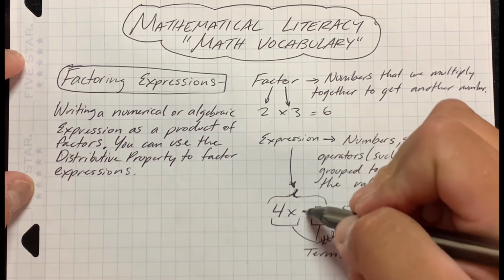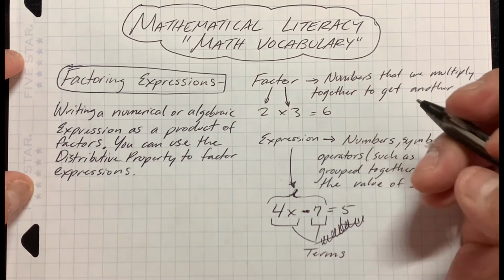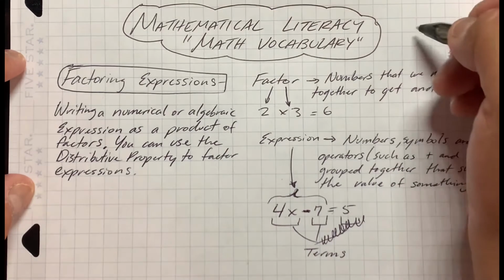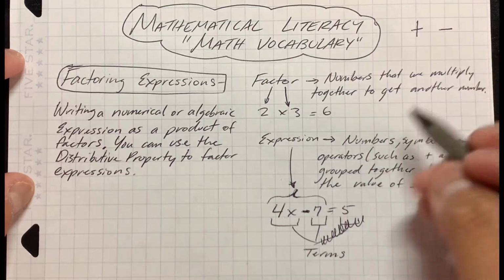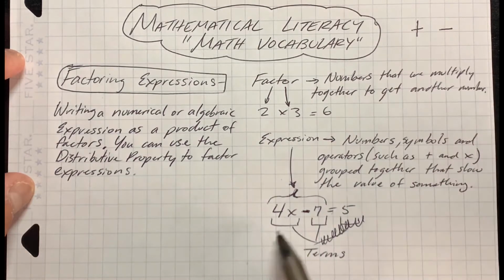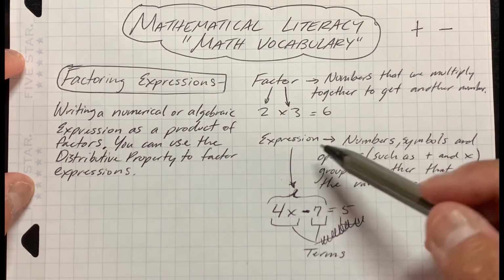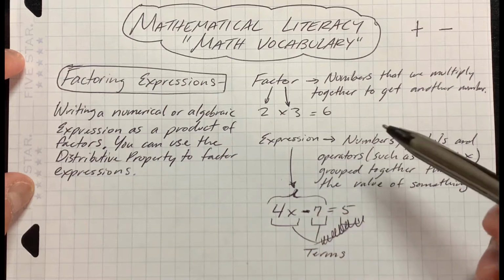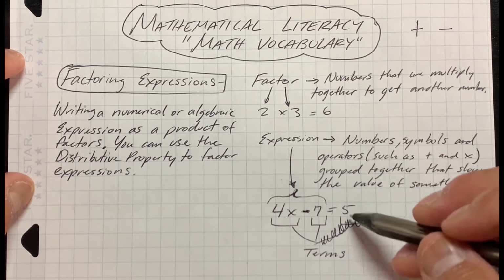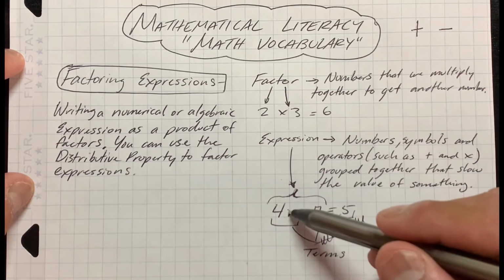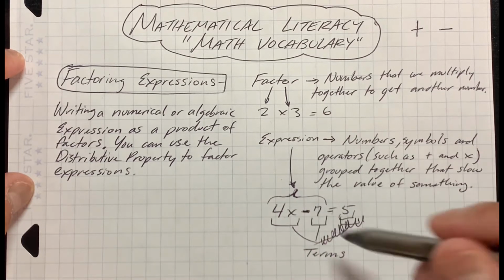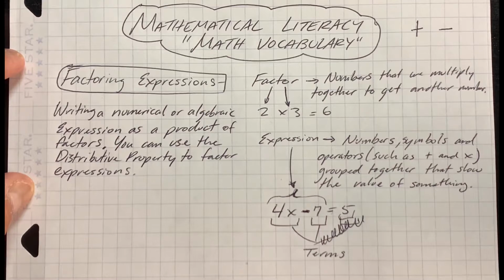The only way we distinguish what terms are is that they are separated by addition and subtraction operator signs. So only those two tell us what terms are. Okay, and of course, I guess 7 would technically count as a term as well. So we try to find what x equals to make this expression true.